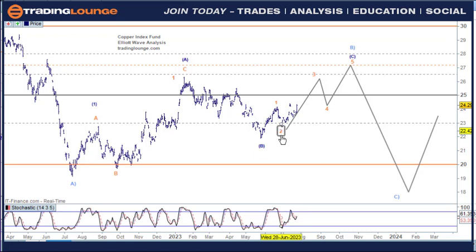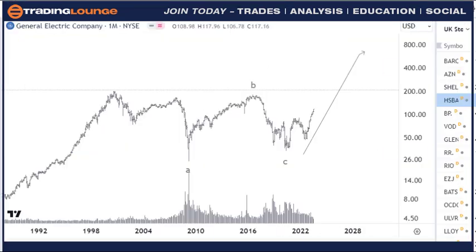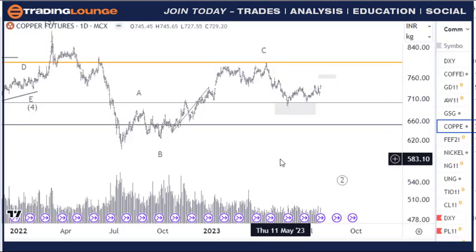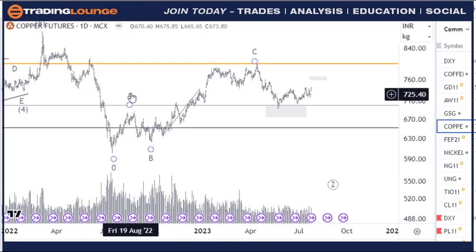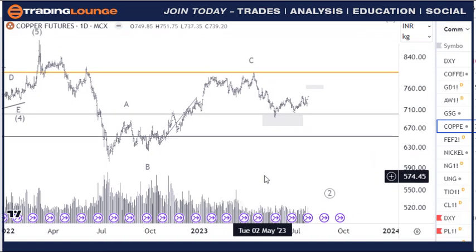Okay, but we are seeing it push up higher, and if I look at that copper on the COMEX futures here, I've got this as an A and a B and a C up here. But the interesting point here that I pointed out before too is that we can count this down here as 3 waves here, as a little A wave in here, B wave here, and C wave here.